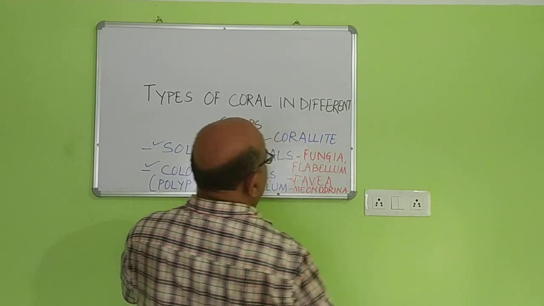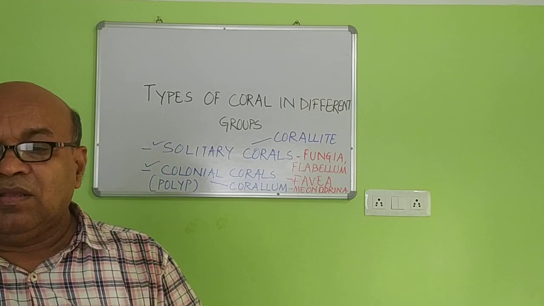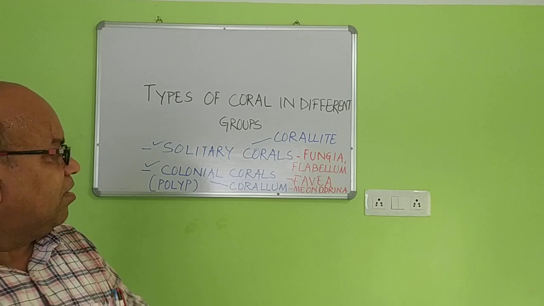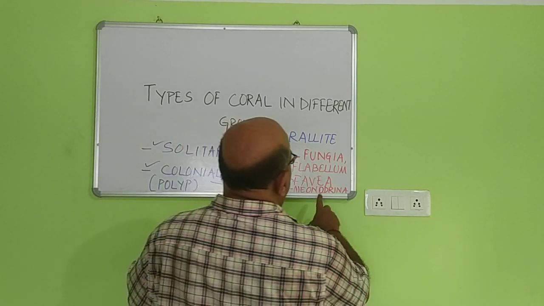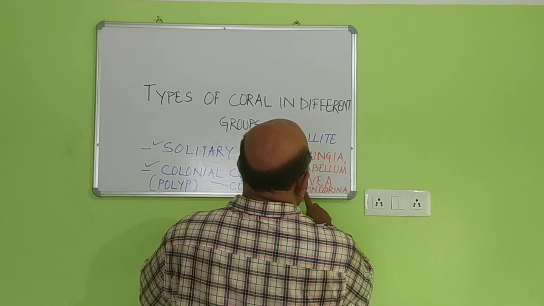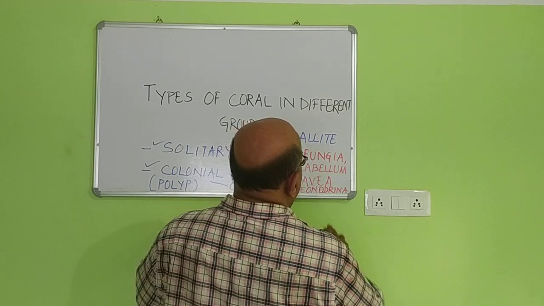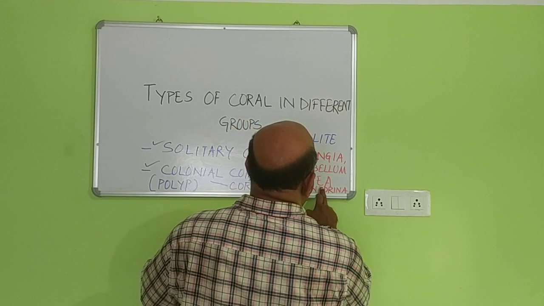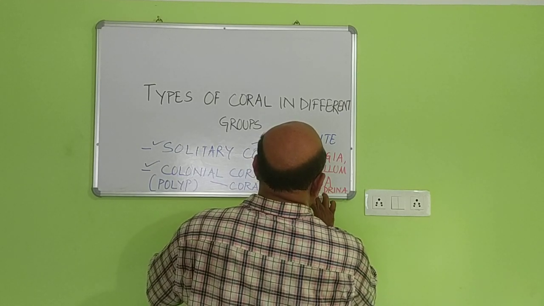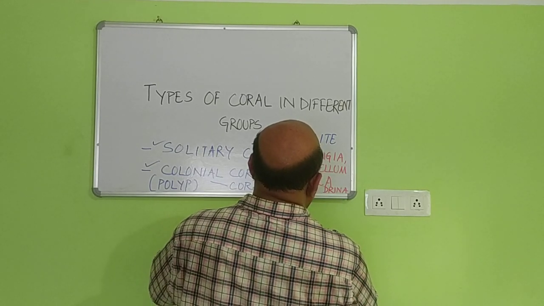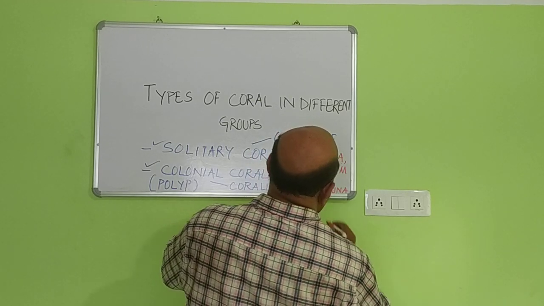These two types are very common, Favia and Meandrina. Somewhere it may also be spelled differently, but in English it is called Meandrina, like this spelling.